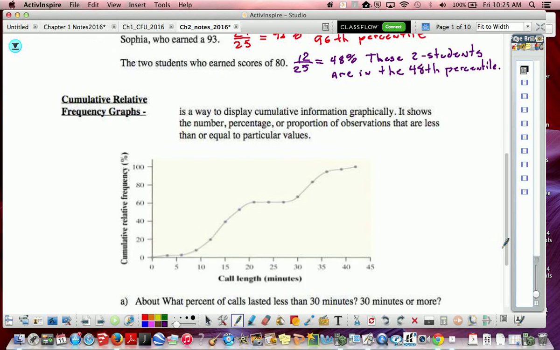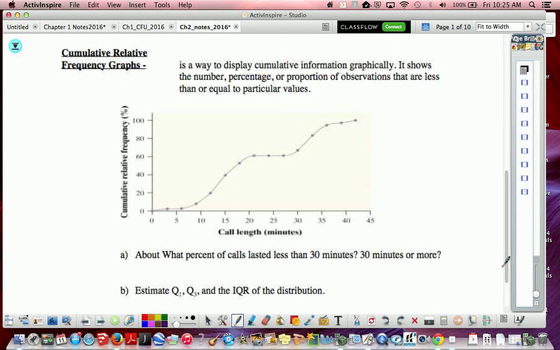Now, another way percentiles sometimes can be presented is in what's called cumulative relative frequency graphs. How these graphs work is you have the variable on the x-axis, while the cumulative percentiles are basically on the y-axis. Your graph almost kind of looks like a timeline or a plot.